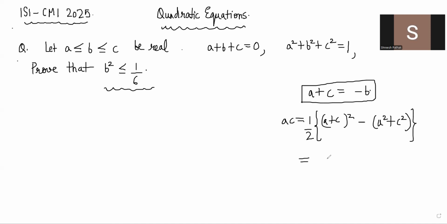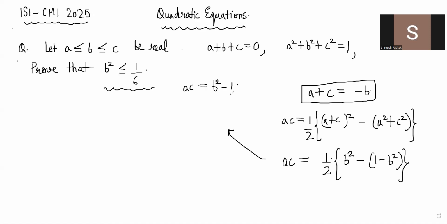Basically this becomes half of B square, since A plus C is minus B, minus A square plus C square, which is 1 minus B square, right? So from here, what you will get is AC is equal to B square minus half. You are getting B square minus half, right?